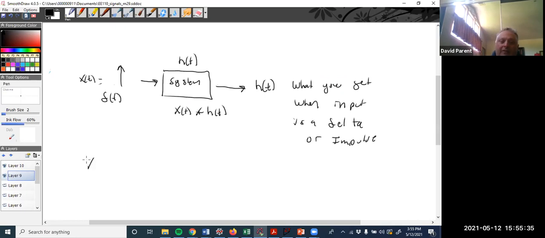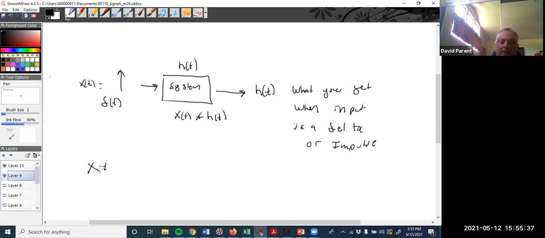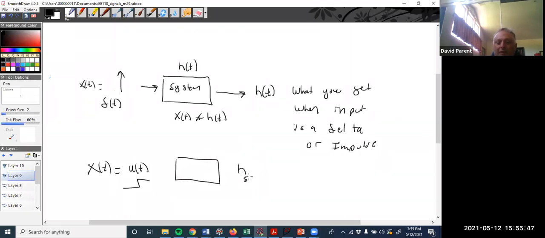Now, if x(t) equaled u(t), a step, well, out comes the step response. But notice this h(t) and that h(t) are the same because when I put in a delta, I get the same thing. In this case, I'm convolving it with the step. And then the ramp is the same thing, except you're inputting a ramp.